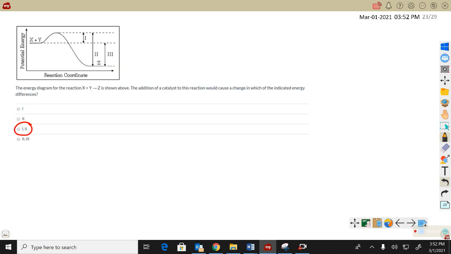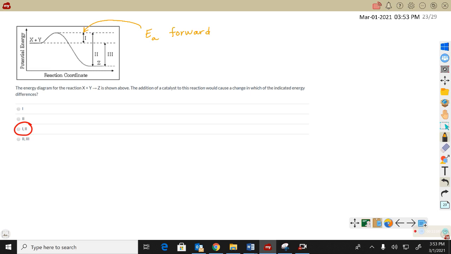Here's another one of these little energy profiles. Adding a catalyst should reduce activation energy. So activation energy in the forward direction would be represented by this one. So that's activation energy in the forward. That would reduce if I use a catalyst.